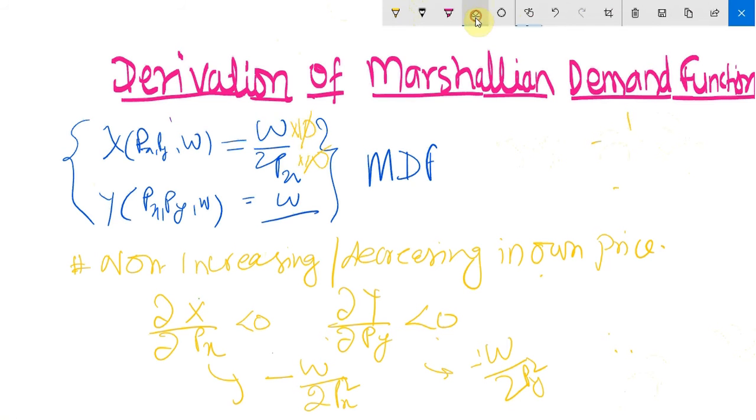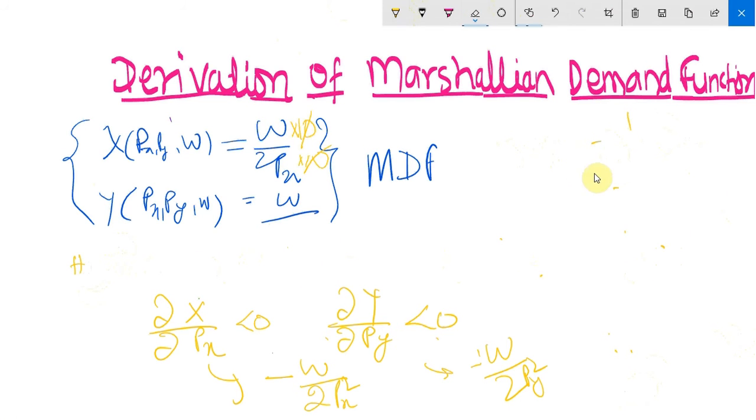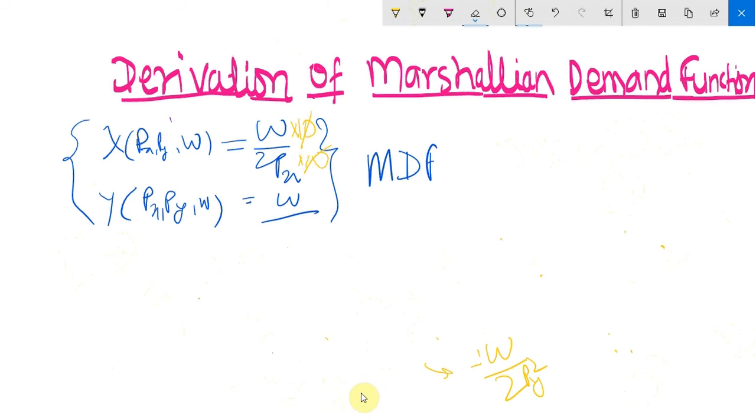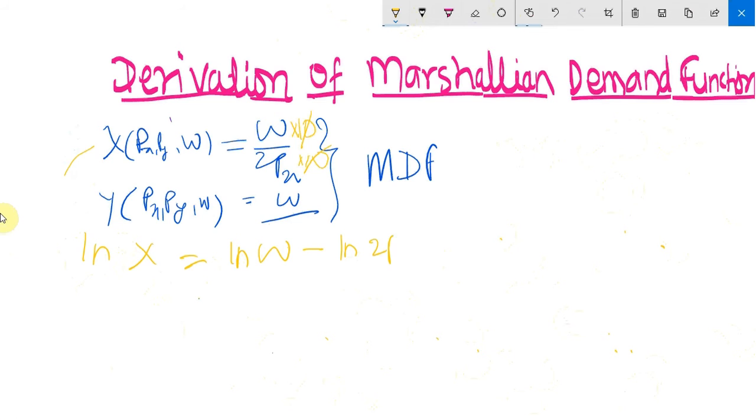So the fourth property of this demand function is about elasticity. So these demand functions have unitary price elasticity. To see the picture of elasticity, we take natural log in the demand function. So this becomes log x equals log w minus log 2px.